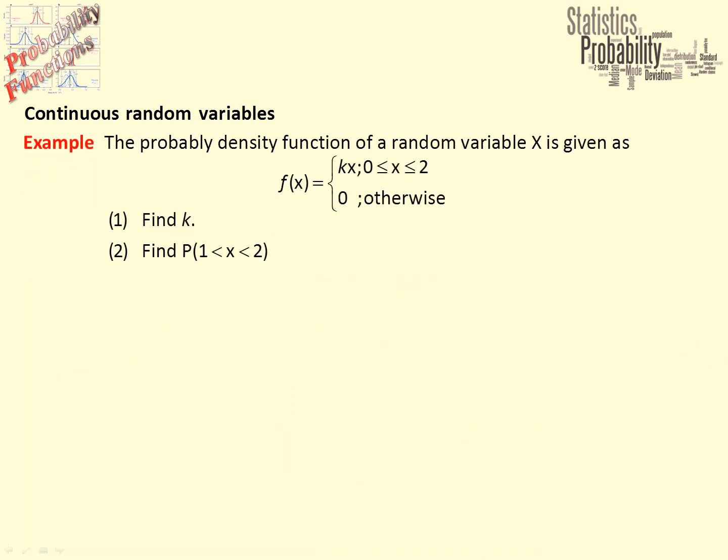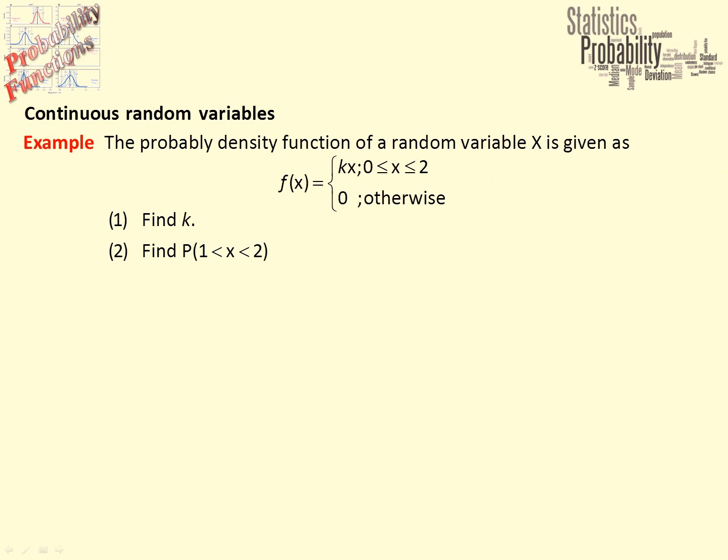Let's do an example. The probability density function of a random variable x is given as kx for x between or equal to 0 and 2, 0 otherwise. So now we have to find k. Which factor are we going to use? The very one that says that the probabilities must add up to 1. So the probabilities of x being between 0 and 2 must add up to 1.